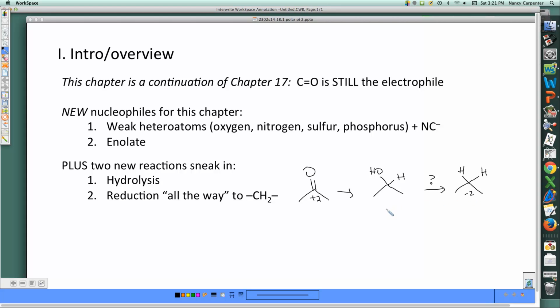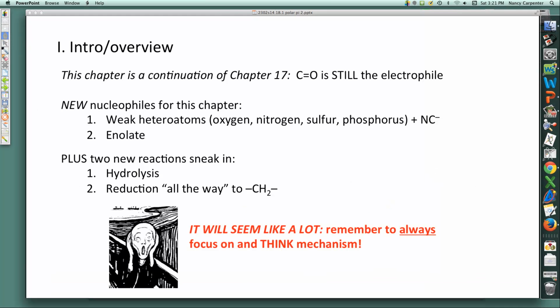So we'll be learning a new reaction that allows us to do that in this chapter. It's going to seem like a lot of stuff, but you know what I'm going to say. If you focus on the mechanism, it is all tied together by nucleophiles and electrophiles.